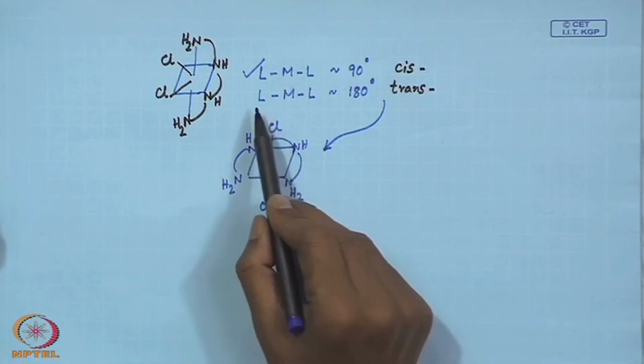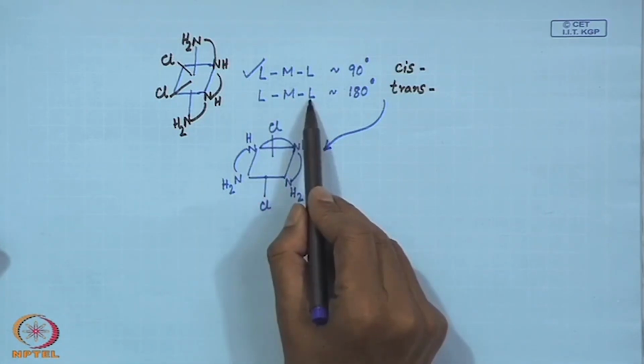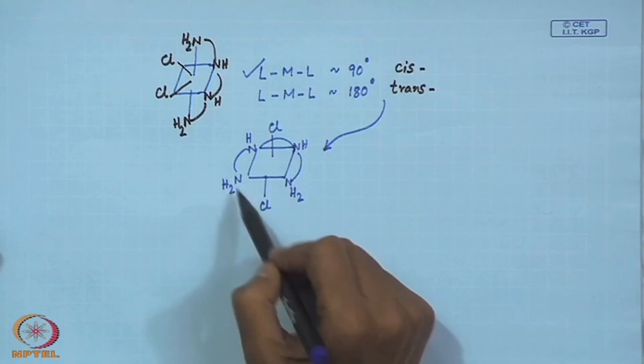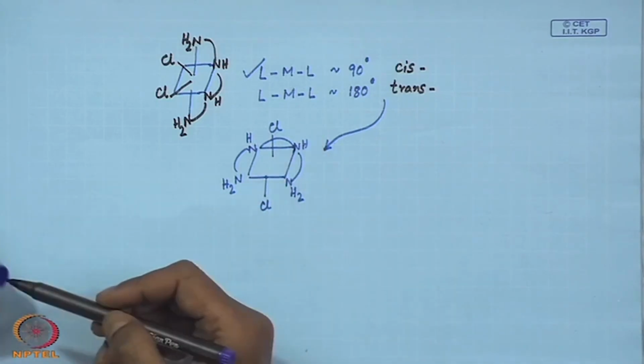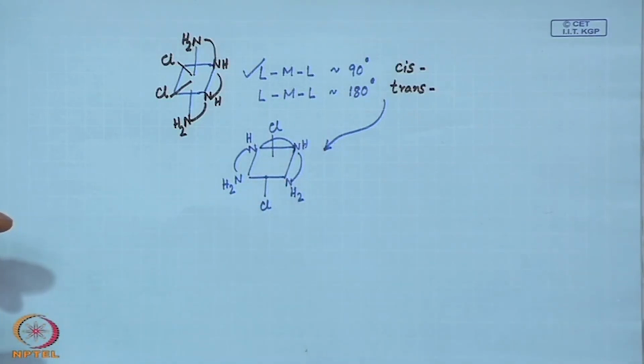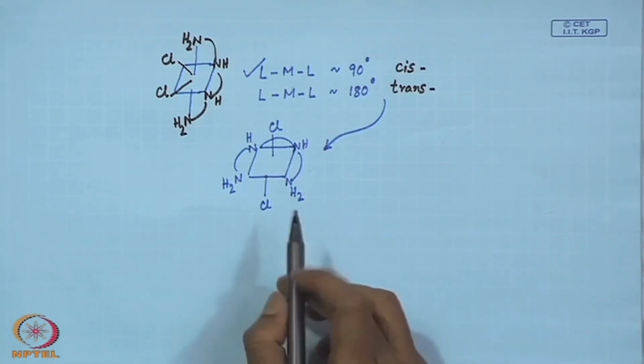So, we are focusing our attention on the Cl-metal-Cl bond angle and we get two different types of arrangement. In the case of an octahedral compound also, like that of cisplatin, we will consider the corresponding cis variety as well as the trans variety.